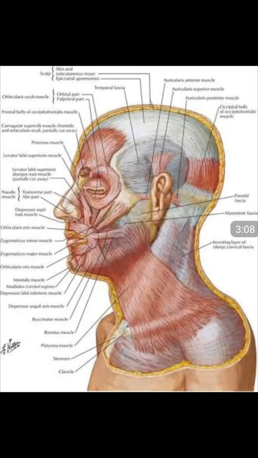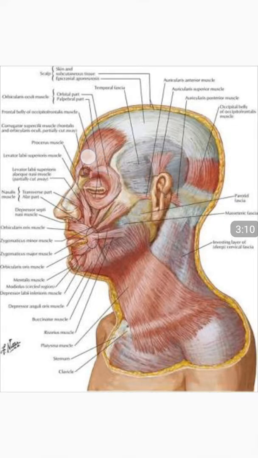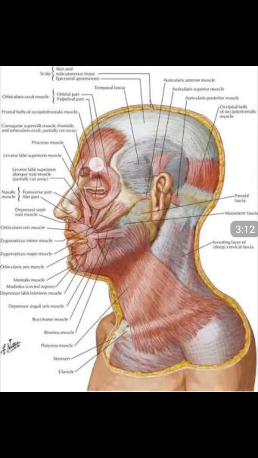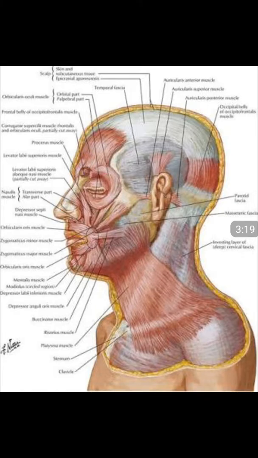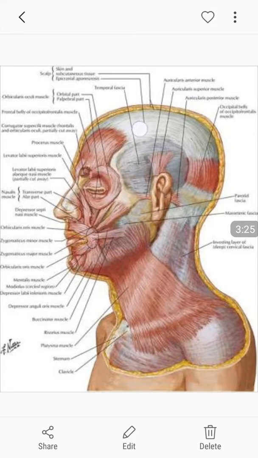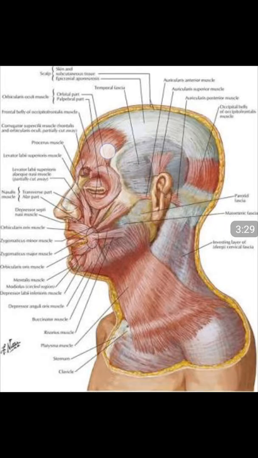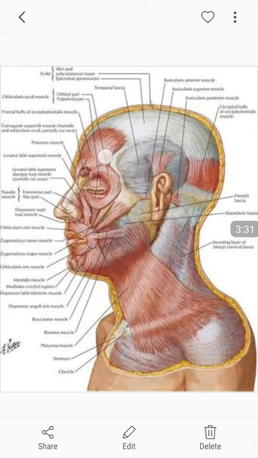Now this is a very important point to understand. This frontal belly's insertion is into the skin, not onto the bone, not onto the superciliary ridges or arches. As a result, whenever there is bleeding or fluid collected within the fourth layer just beneath the epicranial aponeurosis, that blood or fluid trickles down, because there is a gap between the bone and the muscle, as the muscle is inserted into the skin.